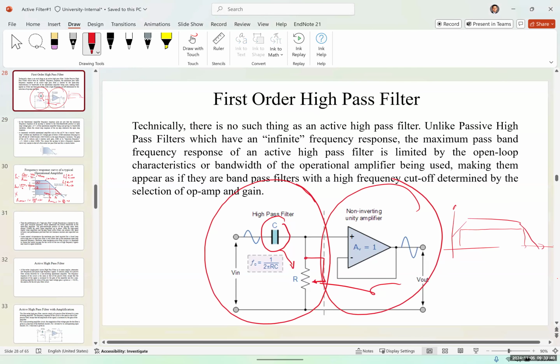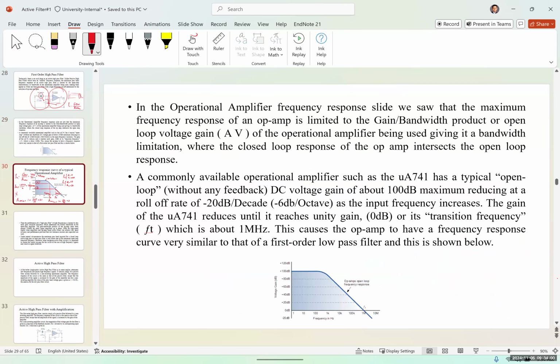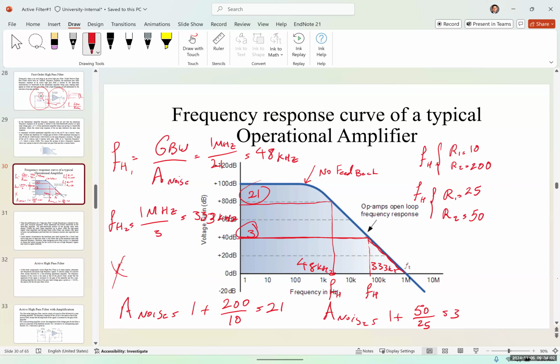How do we determine the upper cutoff frequency? The upper cutoff frequency for an op amp was the gain bandwidth product over A noise. We also solved a couple of problems with different op amps and different A noise.